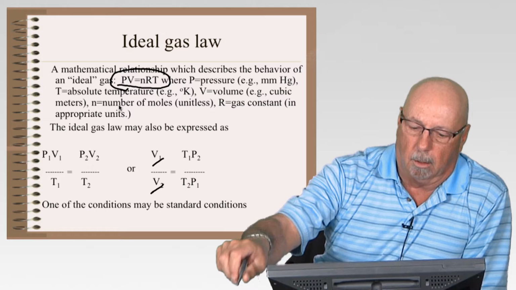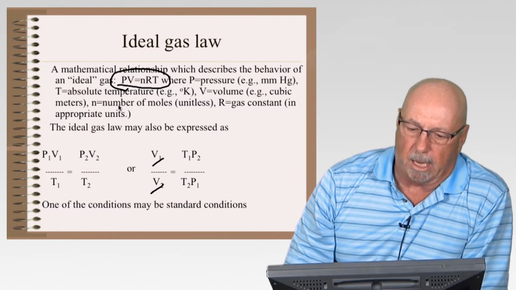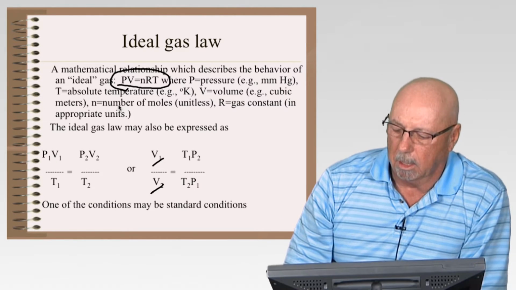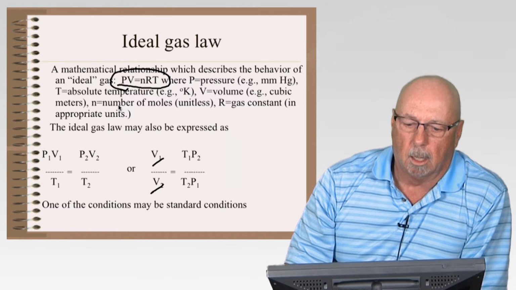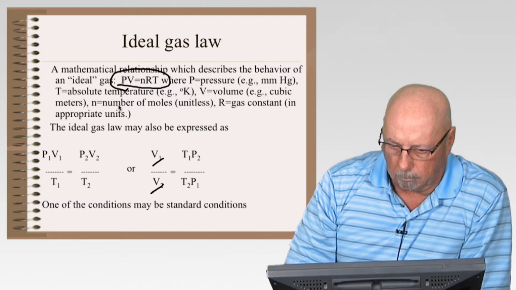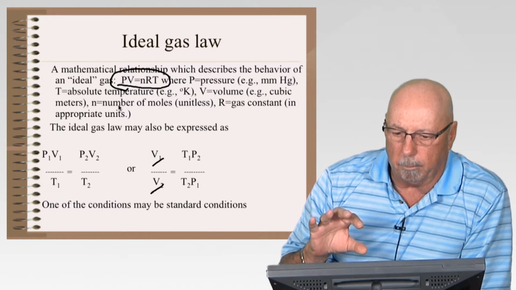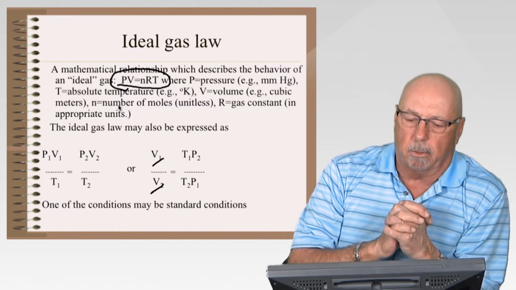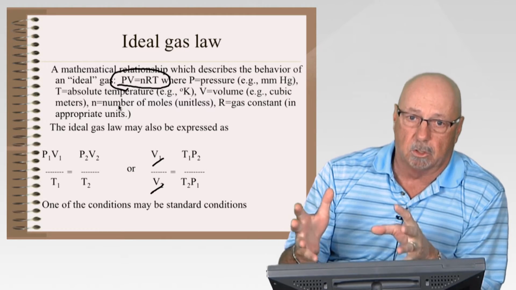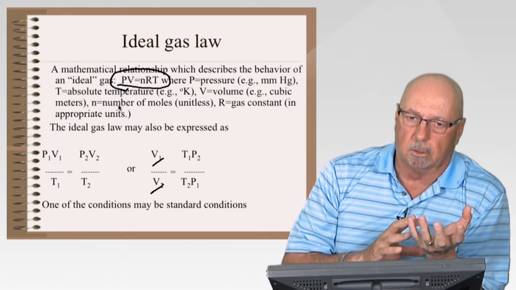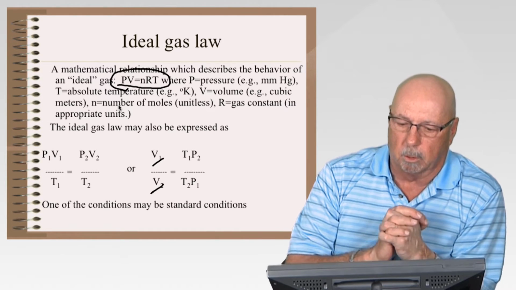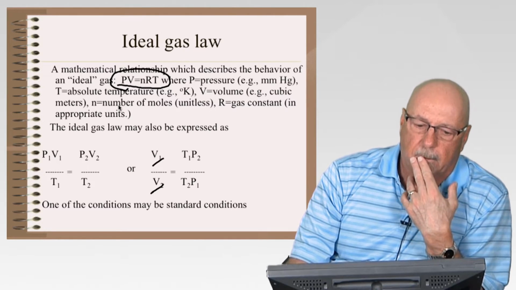So these conditions are basically expressed in the standard temperature and pressure conditions. So basically, the volume of the gas is going to be proportional to the temperature change and inversely proportional to the pressure changes.